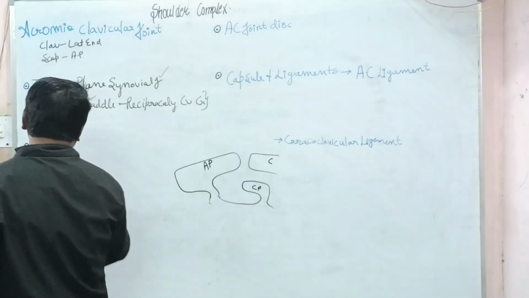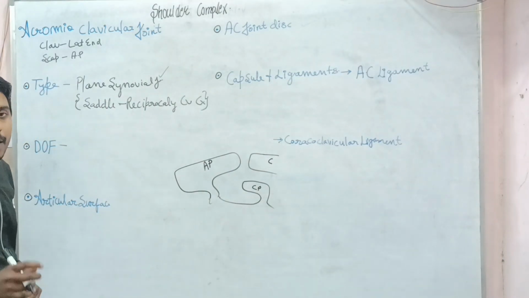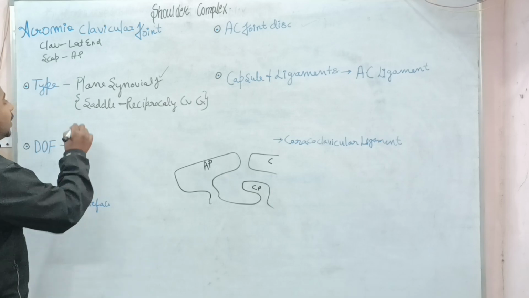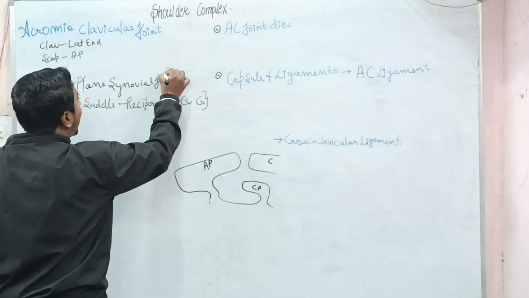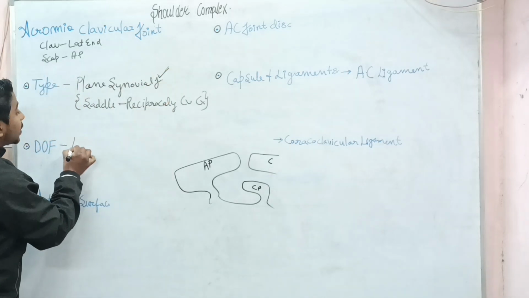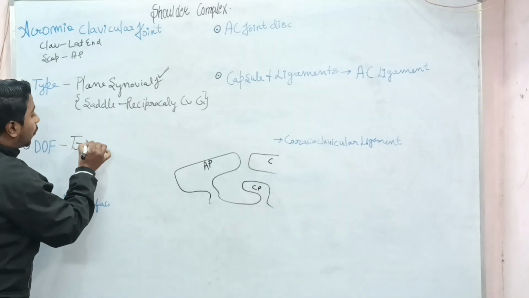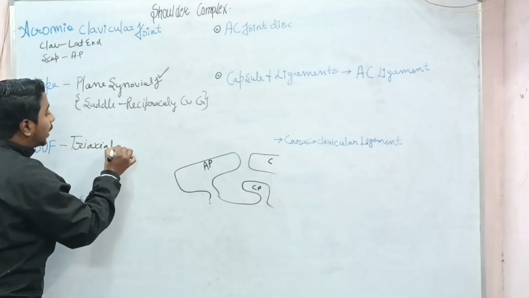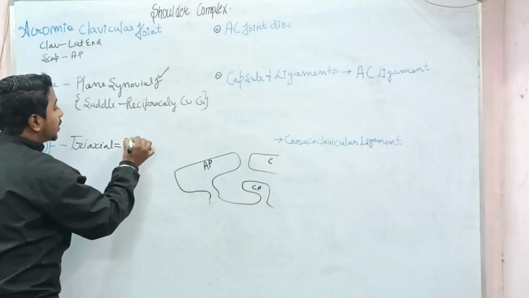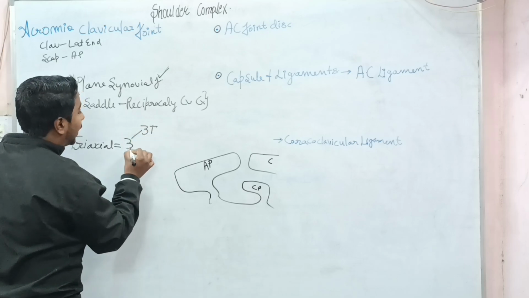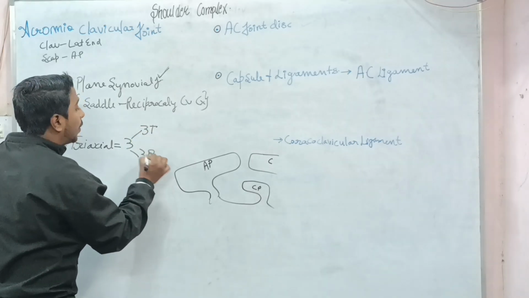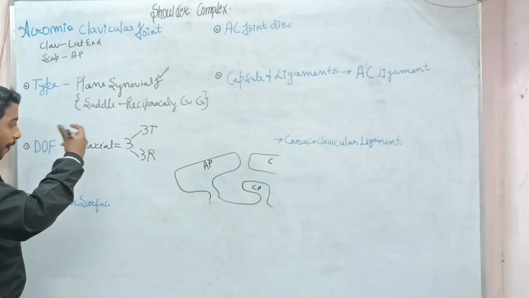Now degree of freedom. Remember one thing: whenever the joint is a plain synovial joint there will be triaxial motion. So the degree of freedom is 3, which is also 3 translatory and 3 rotatory movements, which we will discuss further.